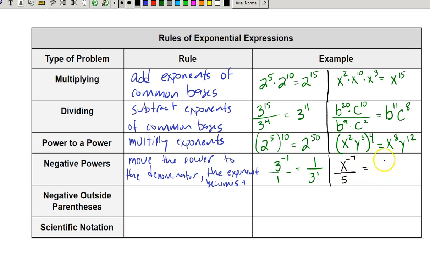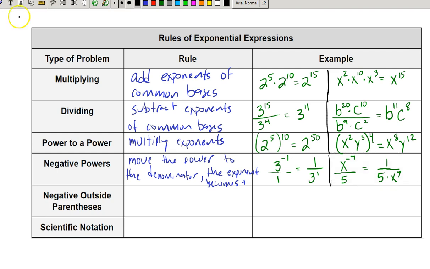So I can do that. If I move it to the bottom, that 5 will stay here, but the x will become to the +7. Now, what's left on the top? There would simply just be a 1 left on the top. So that's what it would be.